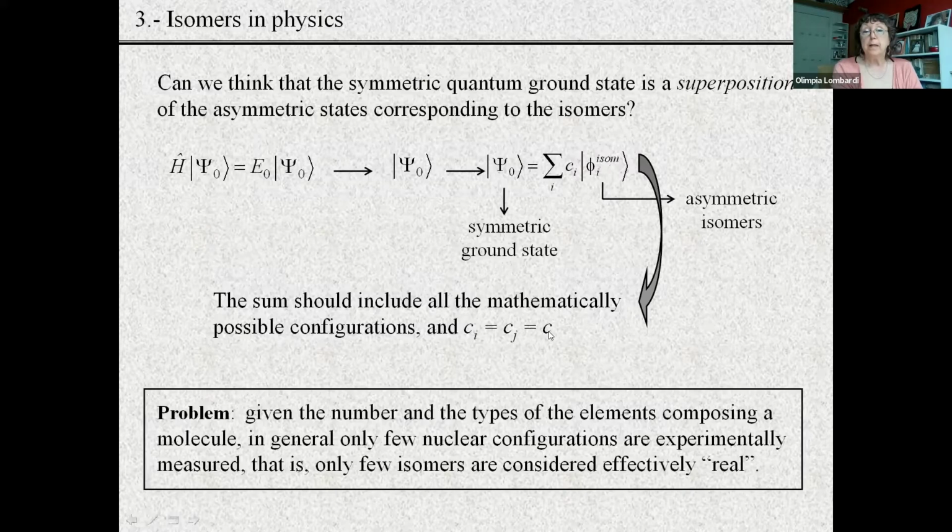The problem is that given the number and the types of the elements composing a molecule, in general, only a few nuclear configurations are experimentally measured. That is, only a few isomers are considered effectively real.